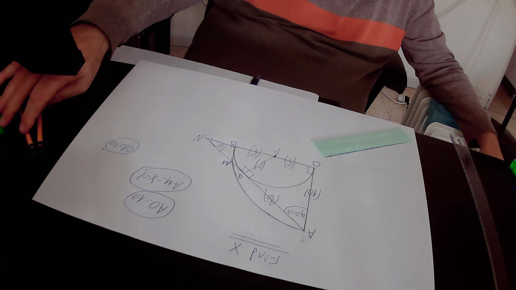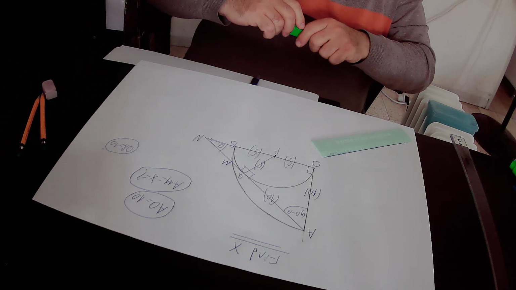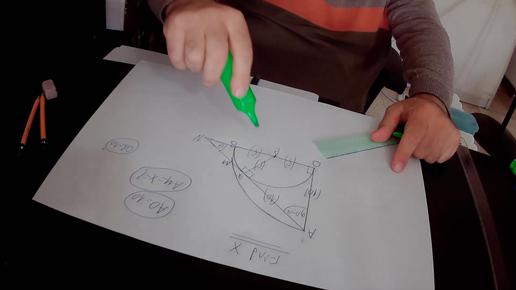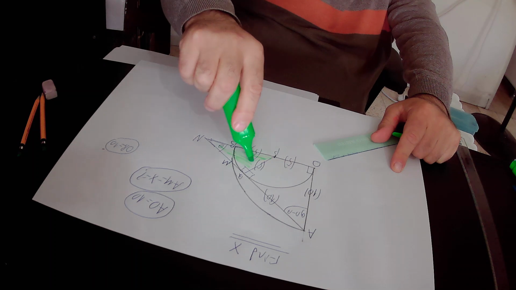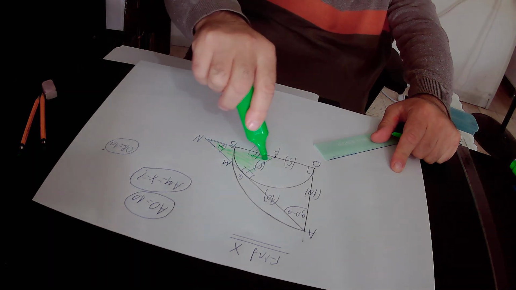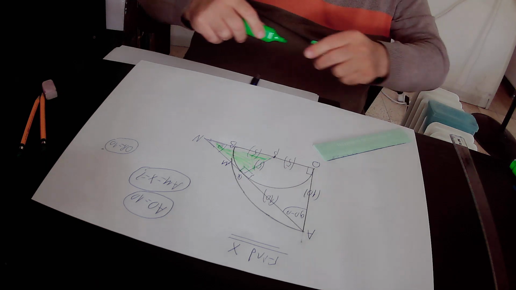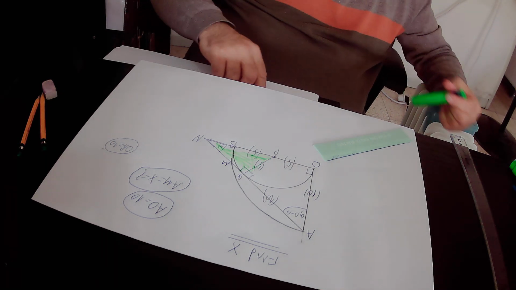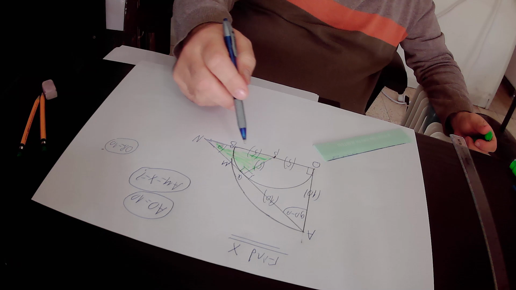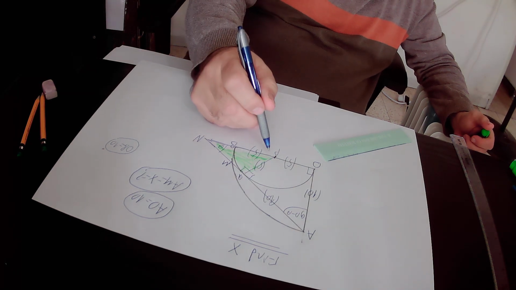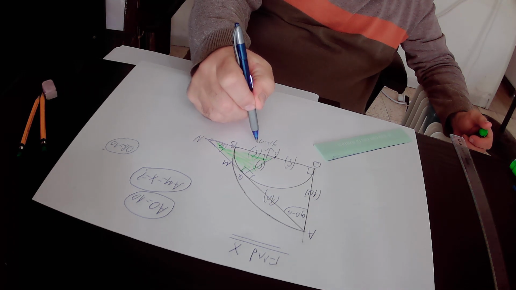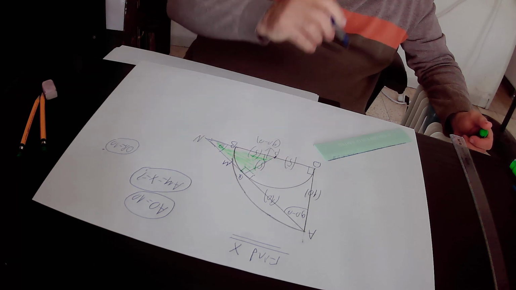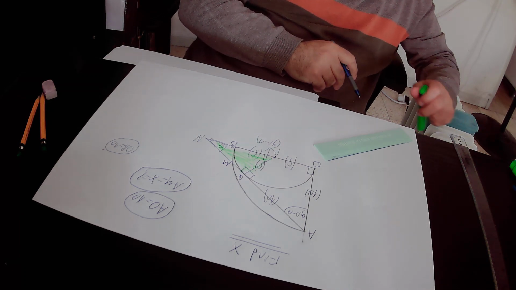Likewise, we'll focus on the green small right triangle PQN. In this green right triangle PQN, this angle equals theta, this angle equals 90 degrees, therefore the missing angle here must be equal to 90 degrees minus theta, according to the same rule that the sum of the angles in any triangle is equal to 180 degrees.